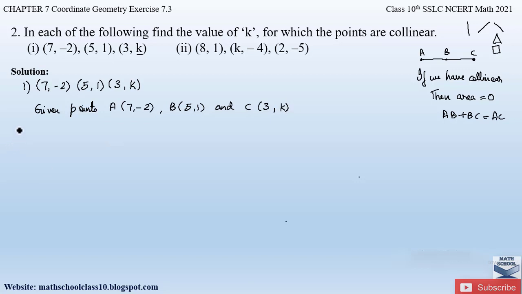Write down here, since the points are collinear, therefore area will be equal to 0. The area of triangle ABC formed from such 3 points is equal to 0. Here there is no triangle formed, all the 3 points lie in a straight line, therefore we are considering the area of the given 3 points to be 0, right?